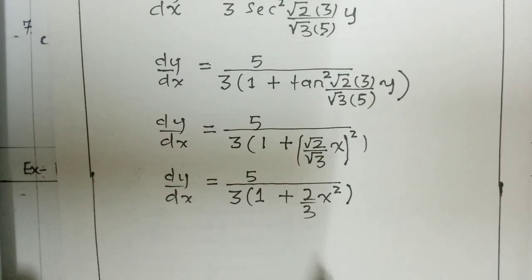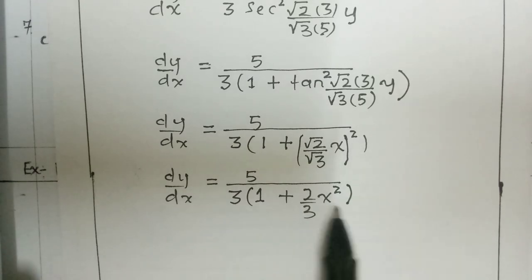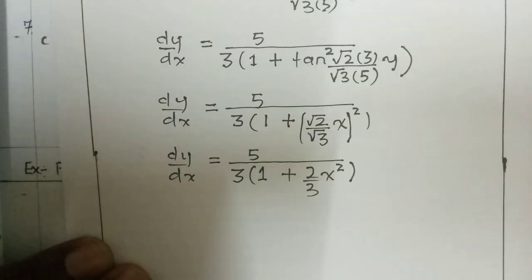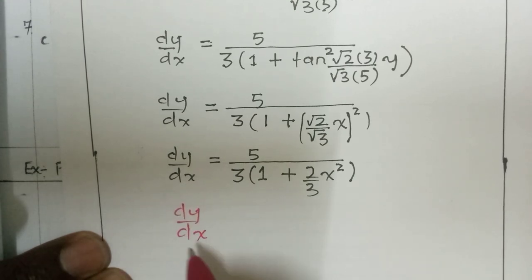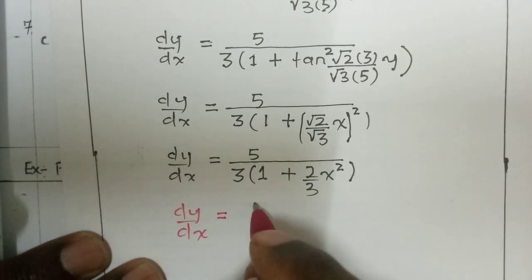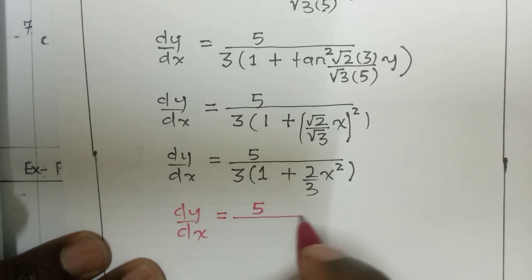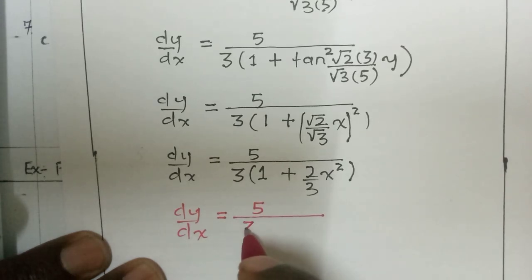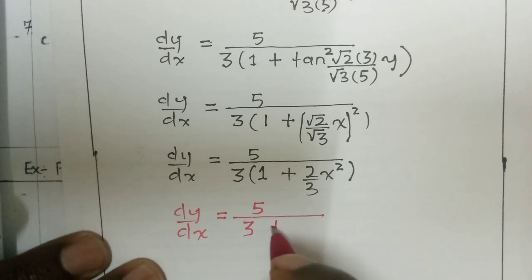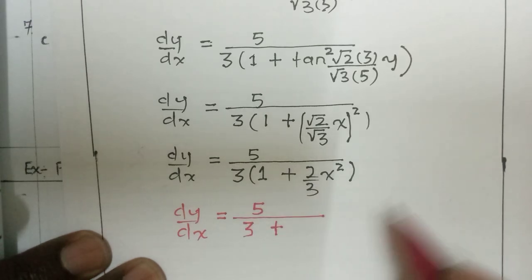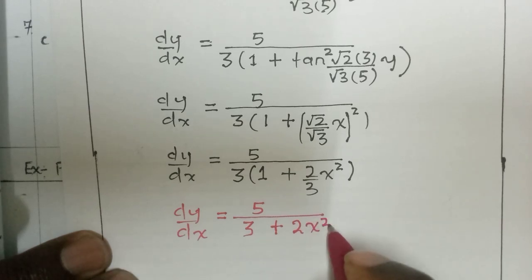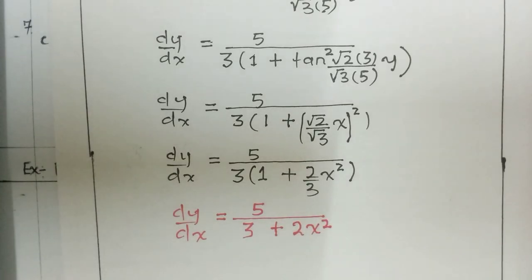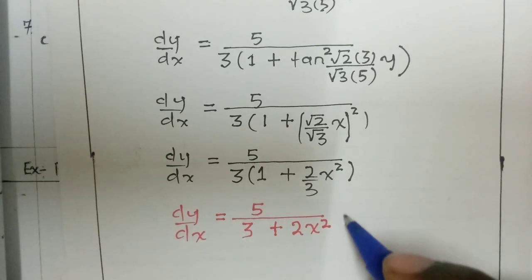And so finally, guys, if we now multiply by 3 throughout, we shall get dy all over dx will now be equal to 5 all over 3 plus, we divide 3 and 3, this one will get now 2x squared. And so, guys, we arrive at our answer. So this is what we were required to get.